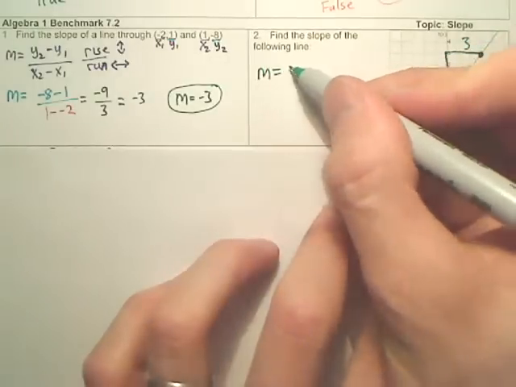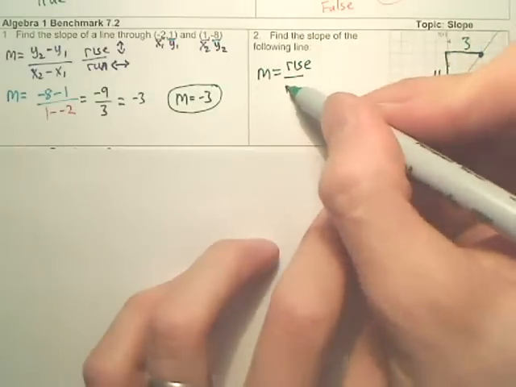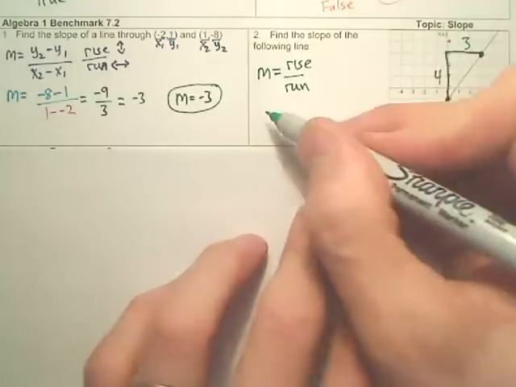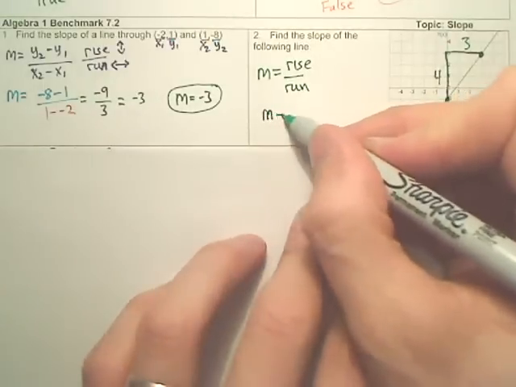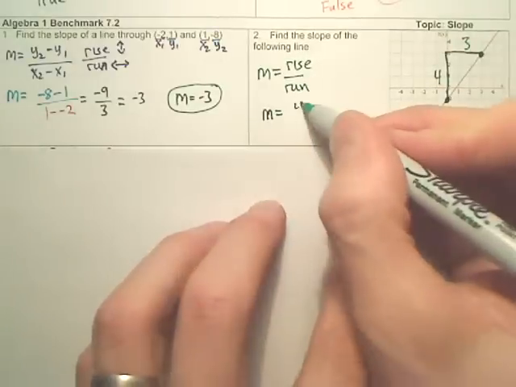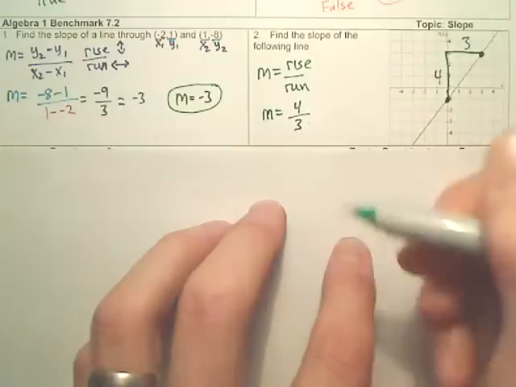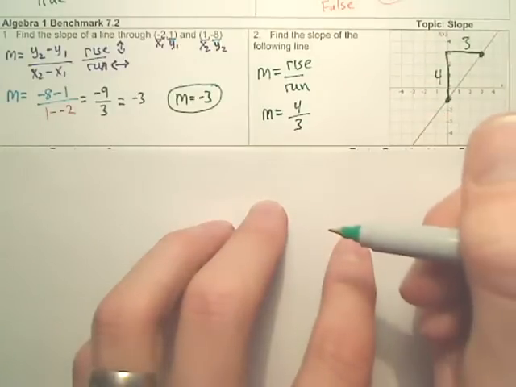So my slope again is rise over run. So what's my rise? Is it 4 or 3? My rise is the 4. My run is over 3. Can you reduce that? No.